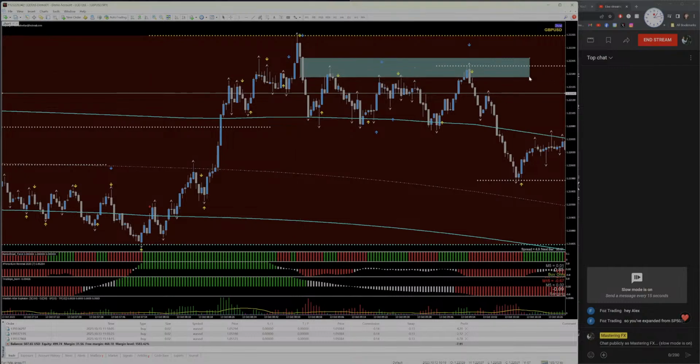So we look for our fair value gap or gaps in that strong move down. This is definitely displacement if you look at the size of the candle. So we have displacement. We have actually two fair value gaps in this one. So we have one here. And we do have a second one here.